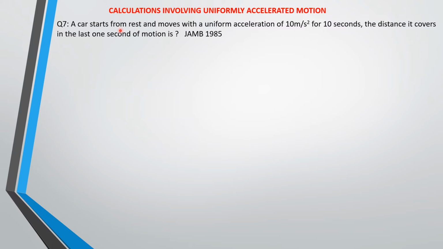You are given that the body accelerated for 10 seconds. So the last 1 second of motion means it is the second between the 9th second and the 10th second. Because if the body accelerated for 10 seconds, the distance traveled in the last 1 second is the distance between the 9th second and the 10th second.